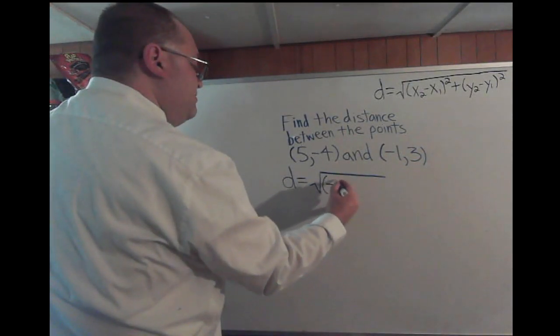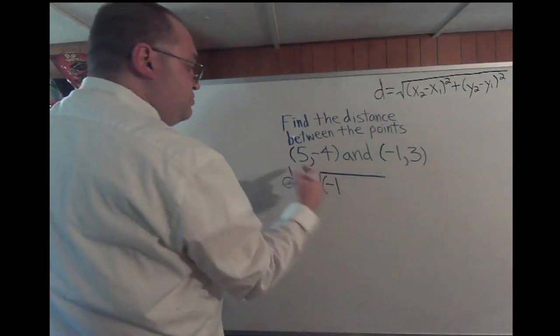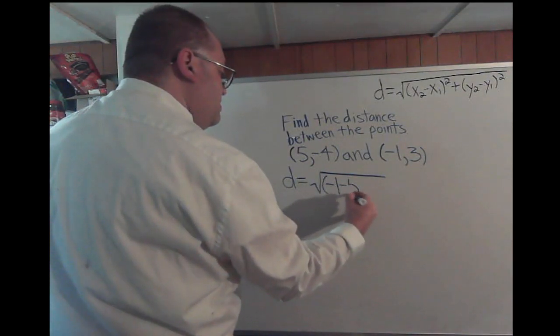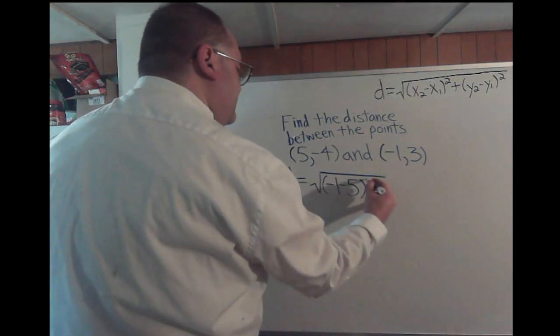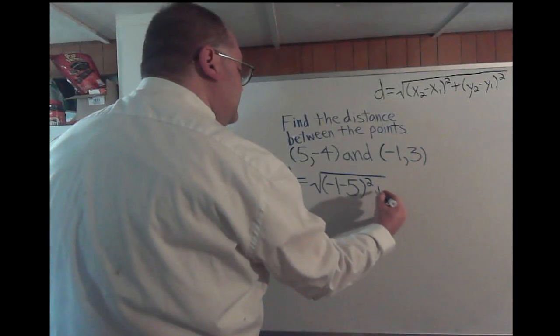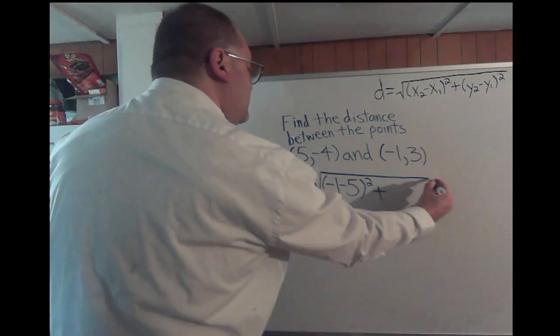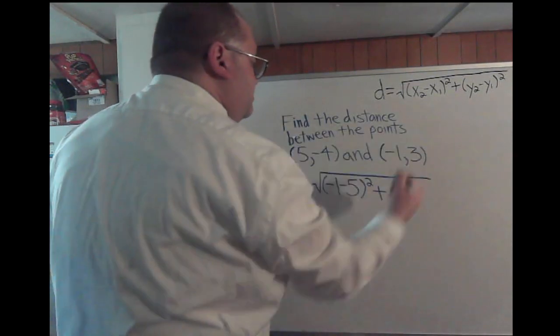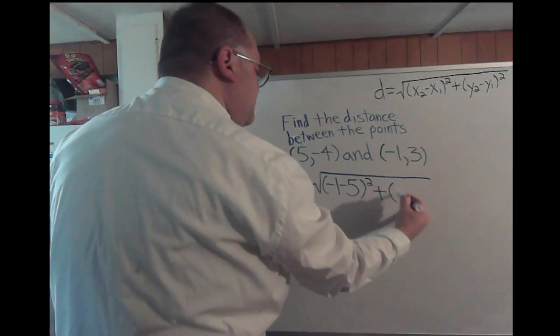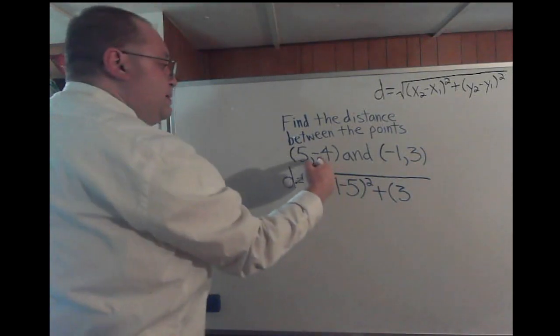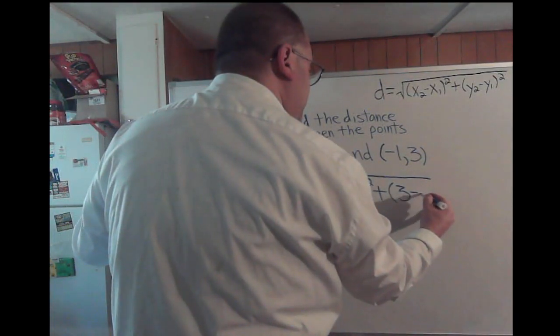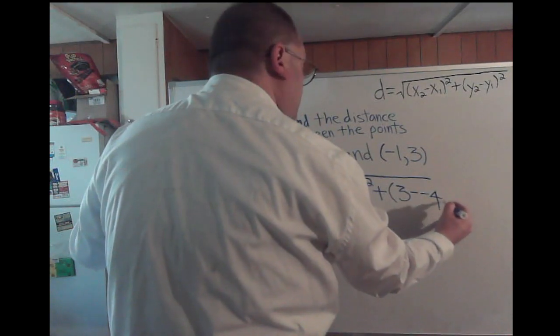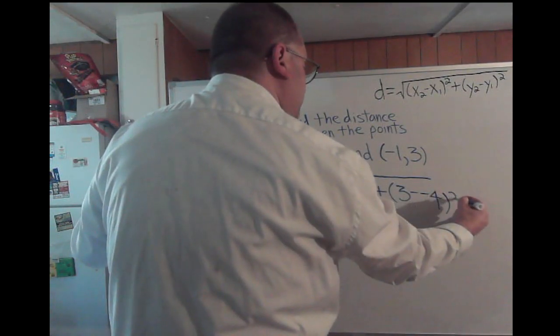So we'll have -1 minus our x1, which would be 5. We'll raise that to the second power, plus our y2, which would be 3, minus -4, raise that to the second power.